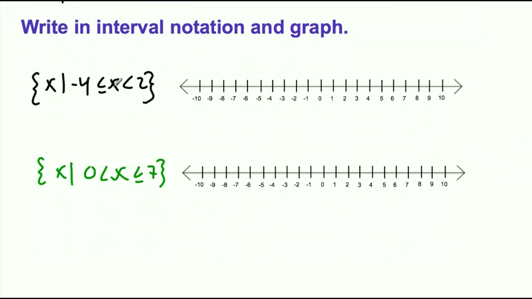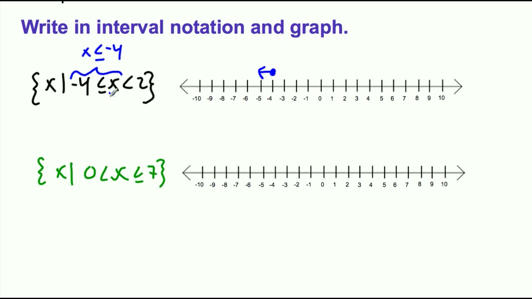Okay, so let's just go straight into the interval notation right now. If you take this part right here, that is x is less than or equal to -4. If you have to graph it, if you go to -4, we're going to have a solid dot, and it says x is less than -4, so it's going to go to the left.